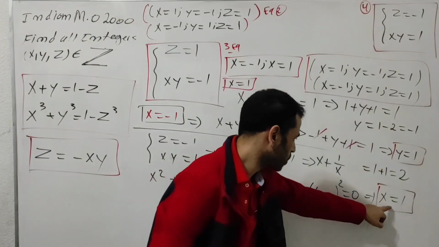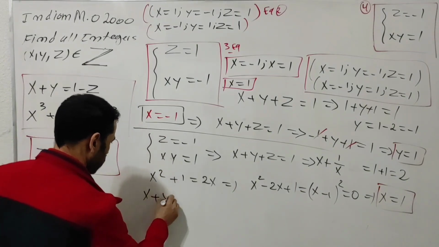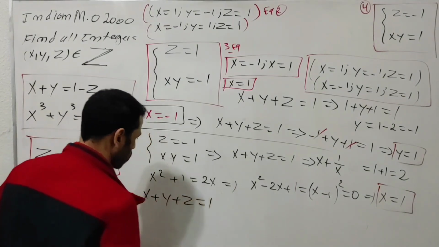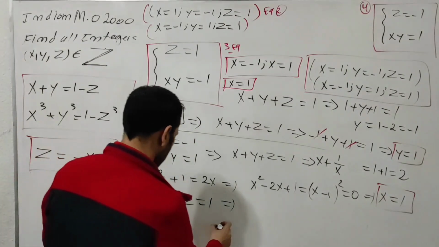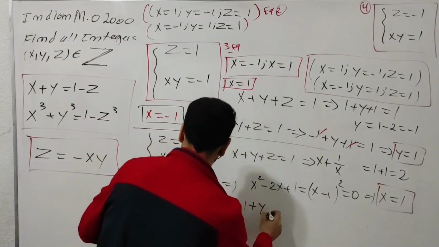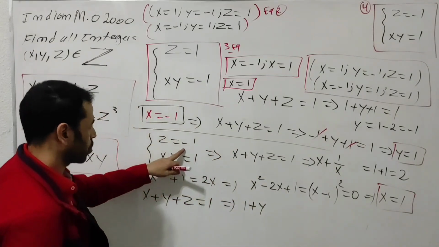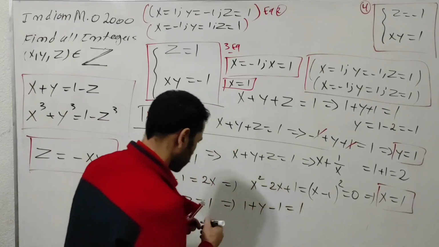So I'm going to take this fact and insert it. I have x plus y plus z equals 1, so x equals 1 plus y, z will be replaced with minus 1, equals 1.